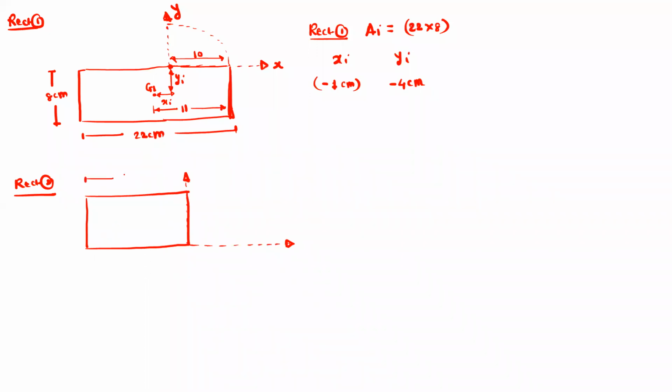This side is equal to 12 centimeter, and its height is equal to 10 centimeter. So this is the reference axis, X and Y. This is the origin. And this is the geometrical center, that is the centroid. So this is G2. This will be the X coordinate. So this is Xi. And this is the Y coordinate. The X coordinate is on the negative X side.